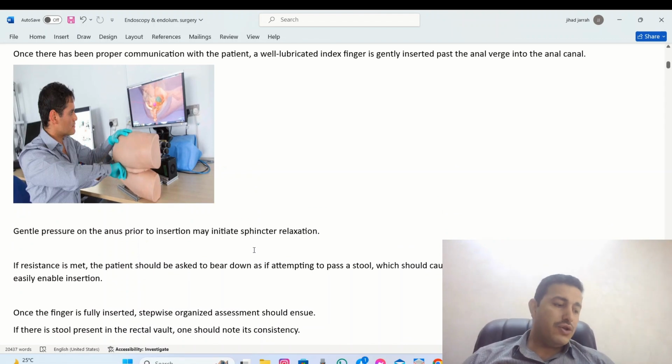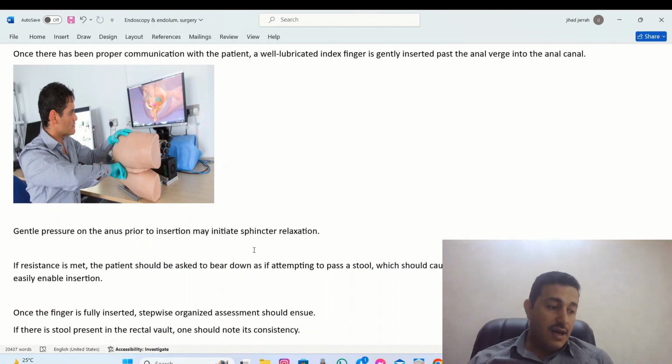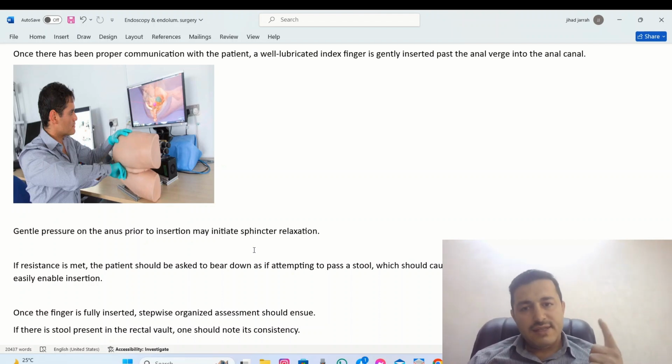As you see in this picture, this is a doctor and a simulator, and he is trying to train how to do anorectal exam, digital rectal exam. First of all, we start by lubricating our index finger, and if we have a little bit of resistance at the beginning of the exam, gentle pressure to the anus may relax the anal sphincter.